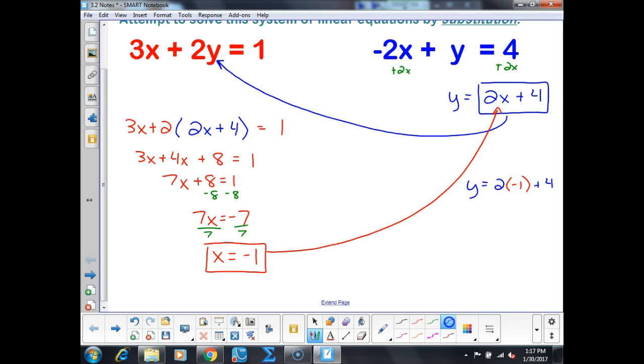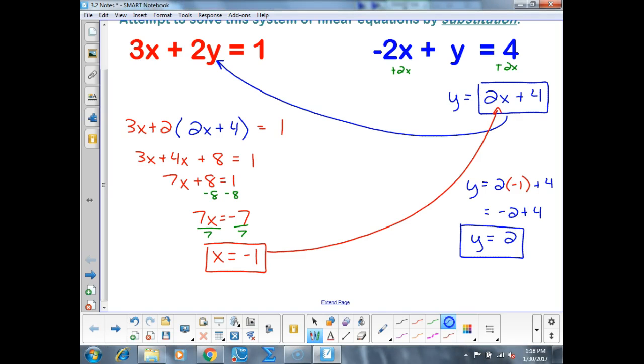So that's going to be -2 plus 4. So then y is going to equal 2. Now what?